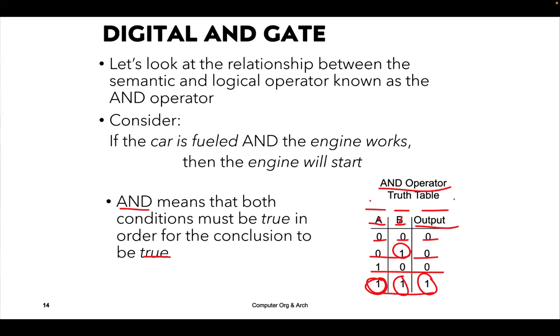Both inputs, input 1 and input 2, must be true for us to have a positive or a true output, which is represented by 1. And in case any of the two inputs is false, automatically the output will also be false, which is represented by a 0. Remember, you are dealing with binary numbers. It is either 0 or a 1.